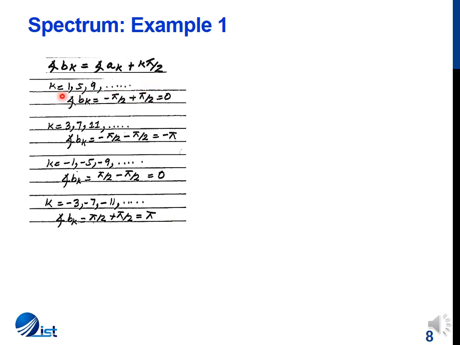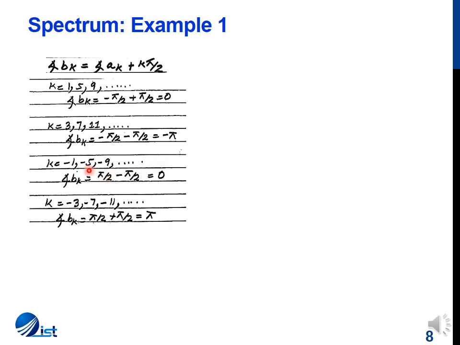So when k is 1, 5, 9 and so forth, that is a gap of 4 units, we'll see b of k is equal to minus π/2 plus π/2, which equals 0. Similarly, when k is equal to 3, 7, 11, again after every interval of 4 units, the phase of b of k is equal to minus π/2 minus π/2, which is minus π.